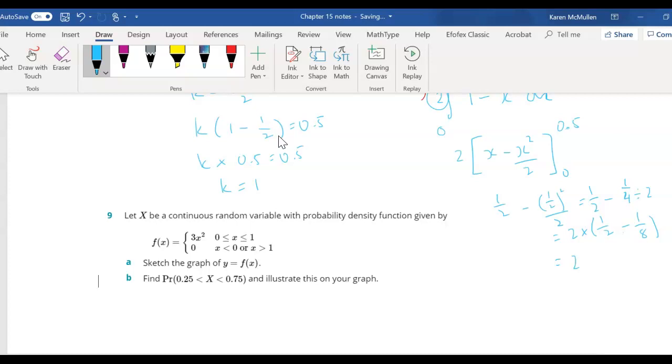So 1/2 written with the same denominator is 4 on 8 minus 1 on 8. So we've got 2 times 3 on 8, which gives us 6 on 8, which gives us 3/4.